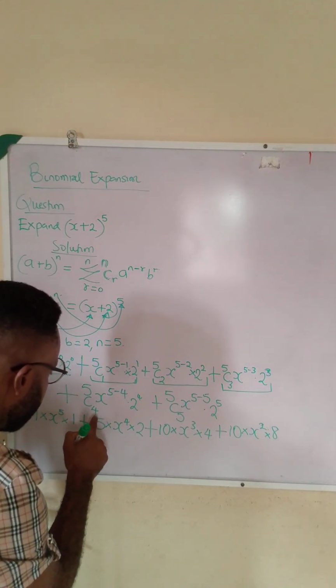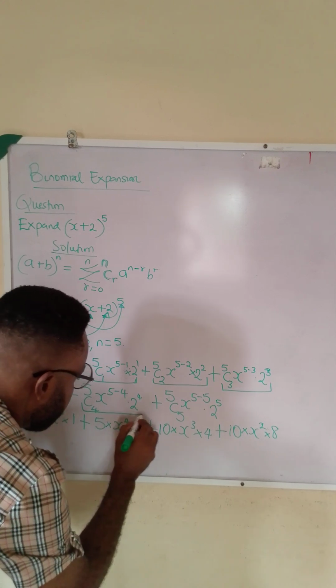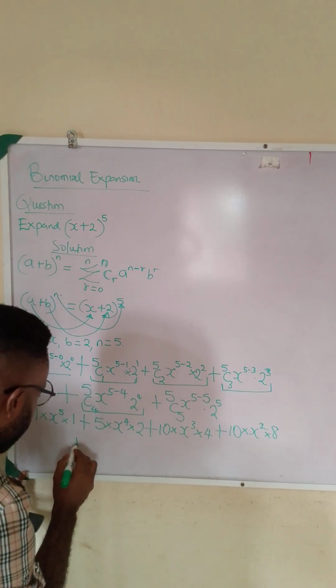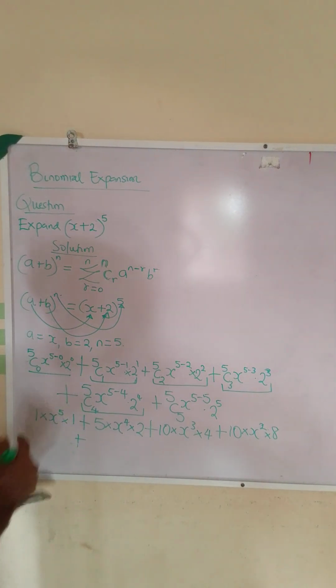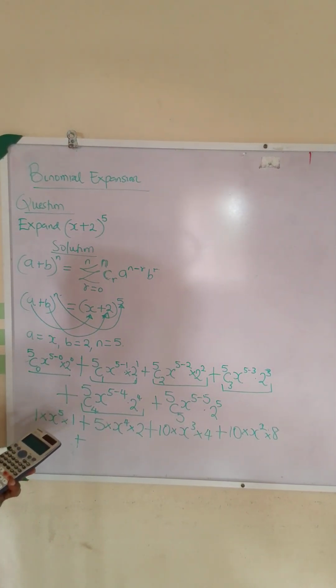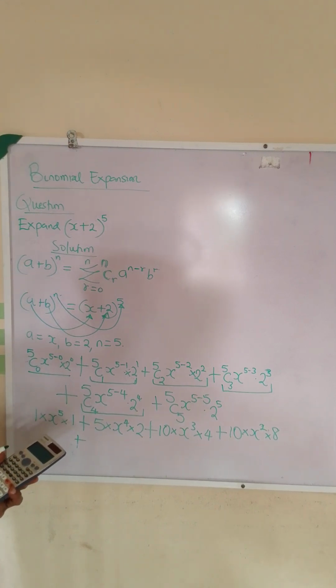So we want to consider this now from here down here. So we have plus, now 5 combination 4. 5 combination 4 is 5.